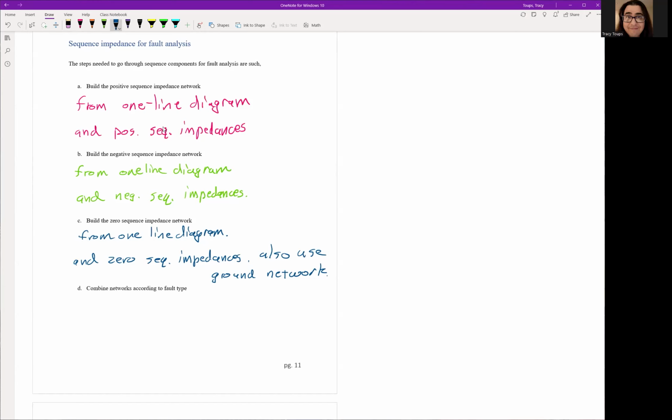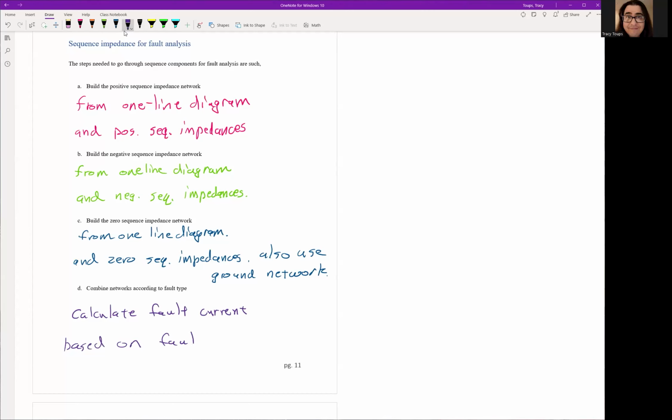Okay. So here, after we have all 3 of our sequence networks, we need to combine them in a particular fashion so that we can calculate our fault current based on fault type.